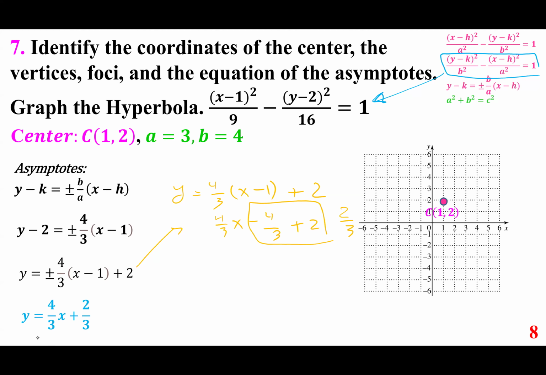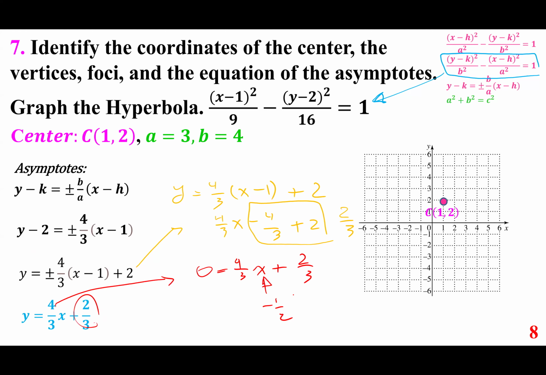And if you want to graph this, this is the y-intercept 0, 2/3. If you set this equal to 0, I hope you see that x becomes negative 1/2. You can easily solve it.